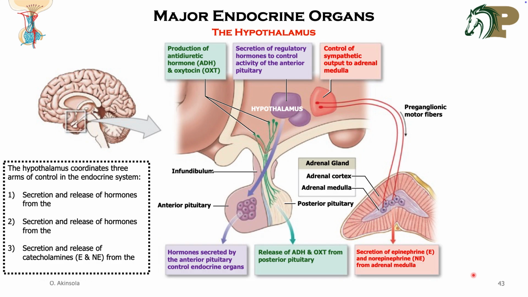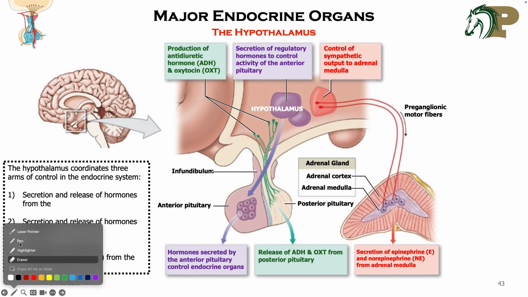So the hypothalamus is going to coordinate those three arms of control in the endocrine system. Let me get my pen again, and we're going to do this in our different colors. Number one, oh wait, that's the highlighter, sorry. We're going to get the red pen.